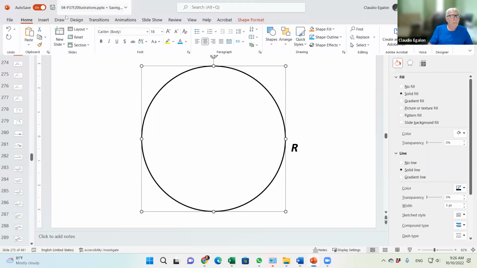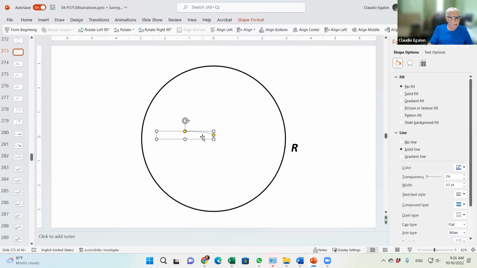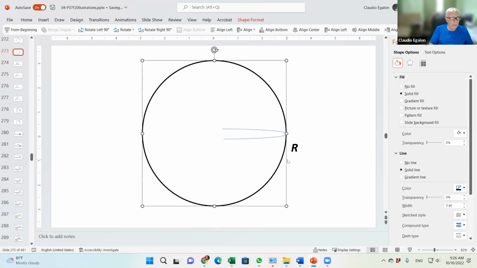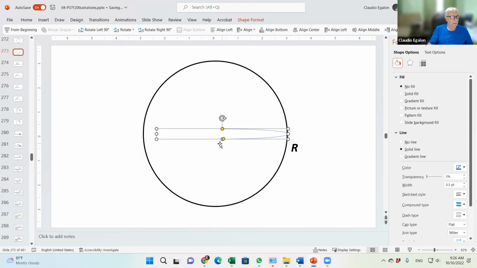Let me see if I can make a nice drawing of the Earth.